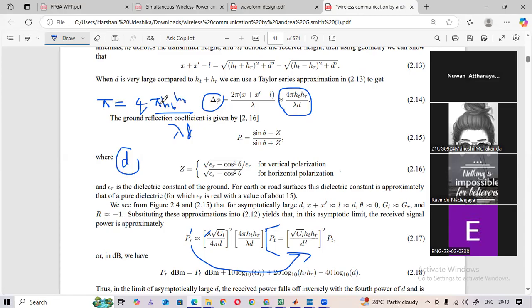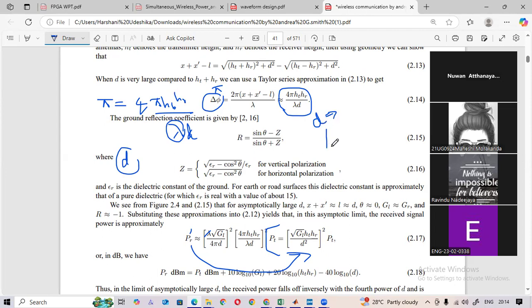For a given receiving and transmitting antenna height and given frequency, there can be a distance where this delta φ can be π, the phase difference is π. So you can find this D. At this D, what happens?